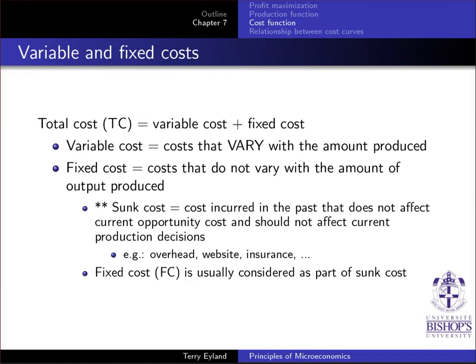So here we have our usual scenario, as we mentioned before, that we have a mixture of variable costs and fixed costs, which make up our total costs. To highlight the differences between the two, variable costs are the costs that vary with the amount produced.